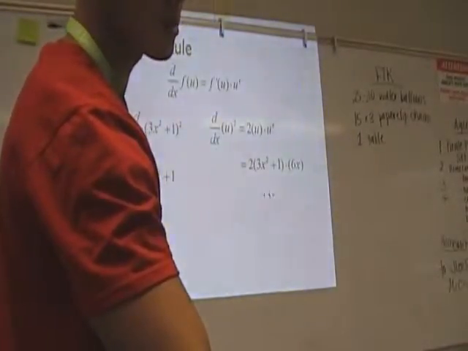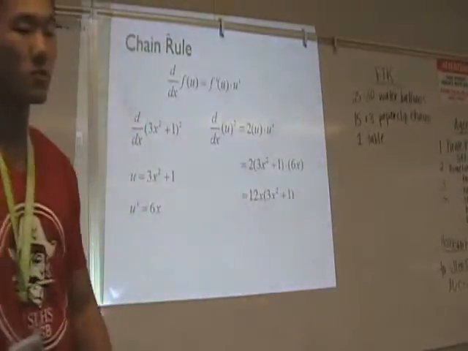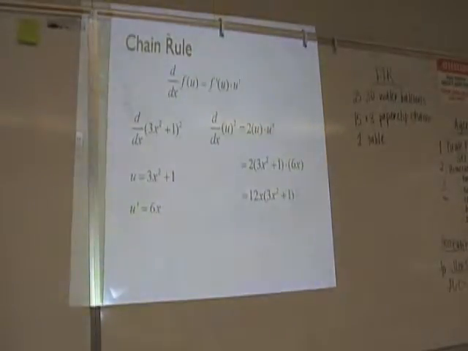Alright, and then when you simplify it, when you put u back in, that's what it looks like. Now I'm going to show you how to do it without the u, because I do think that the u makes it a little more confusing. You can do the chain rule without replacing anything.